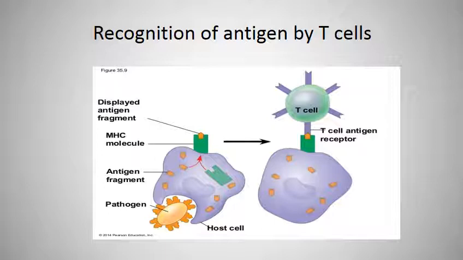Okay, and when this fragment is displayed, the T cell or T lymphocyte antigen receptor will recognize and bind to this. So this is the way the T cell is able to recognize the antigen. This antigen has to be presented to the T cell on the surface by this MHC molecule, only then the T cell will recognize and bind to it.